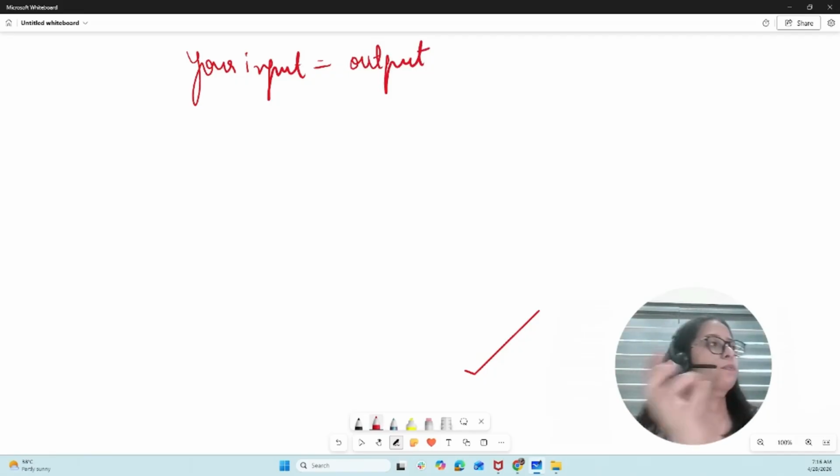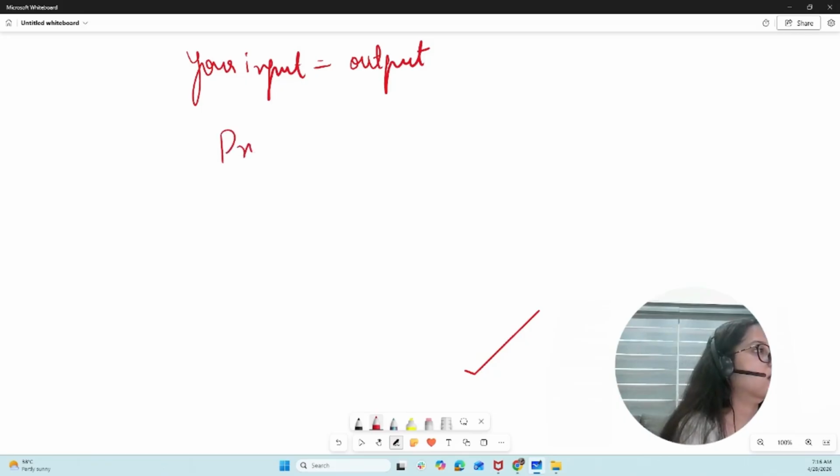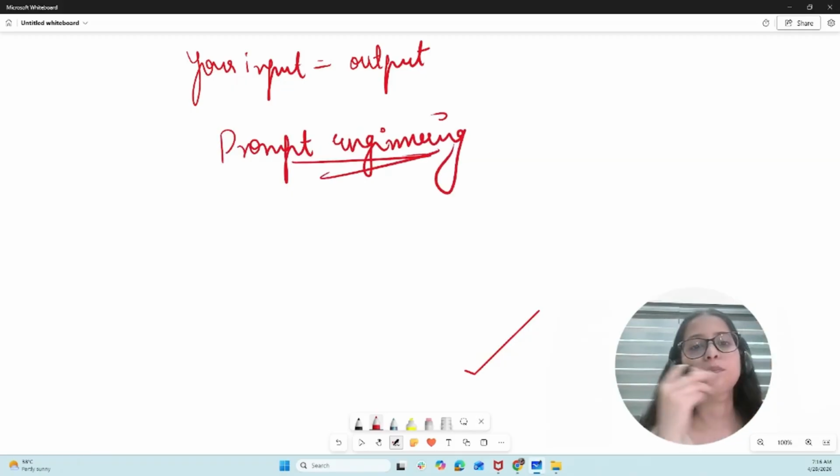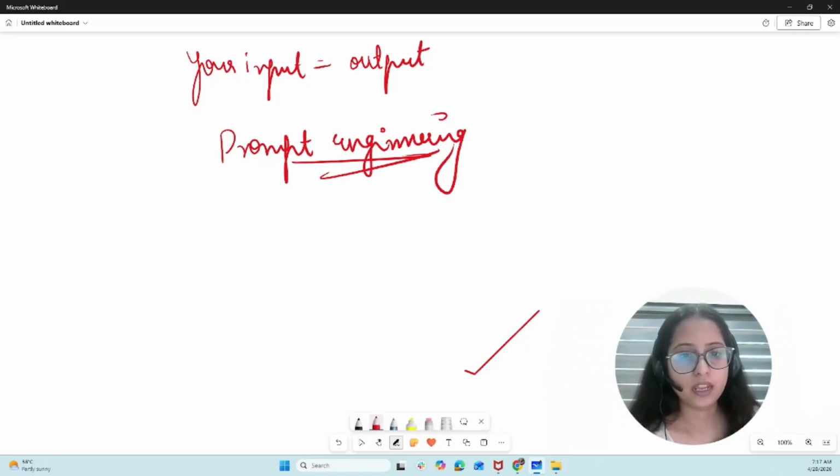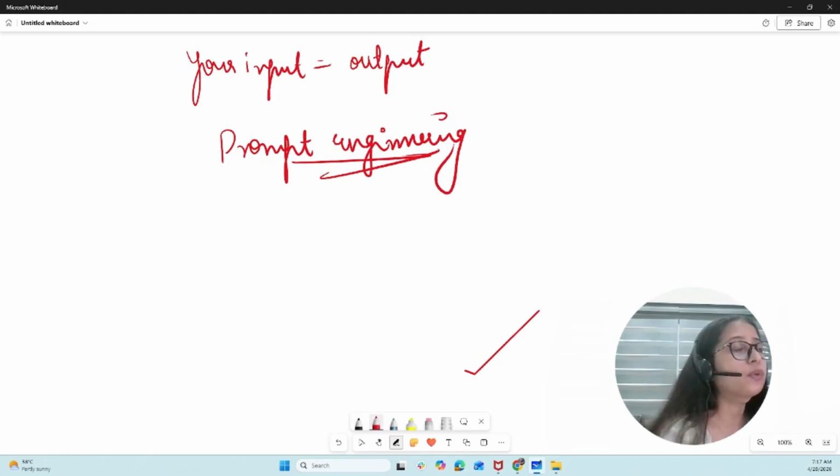So this is the most important concept, which is prompt engineering. Okay. Now, why is this an important concept? If you understand this, you can use AI much better than most people. Okay, so the AI depends completely on what you have asked for. If your question is unclear, you will get an unclear answer also.